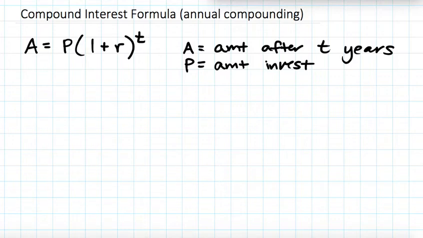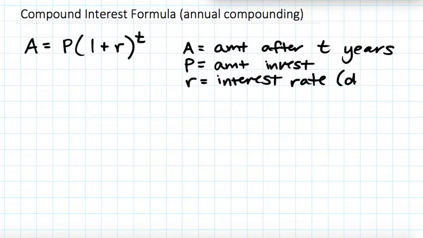R is interest rate. And when we use any formula involving interest, we always write or enter the interest rate as a decimal. Generally in a problem it's given as a percentage, and so we need to convert to a decimal. And t is time in years.